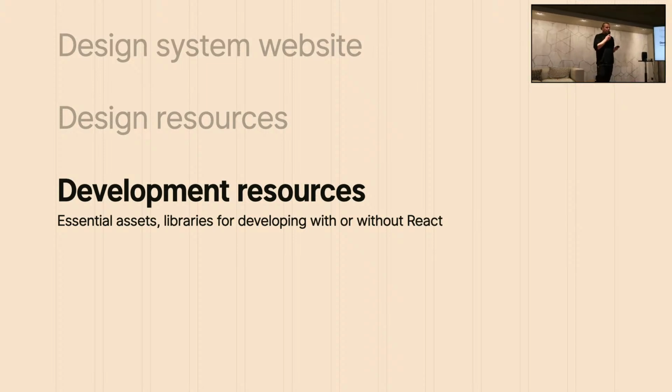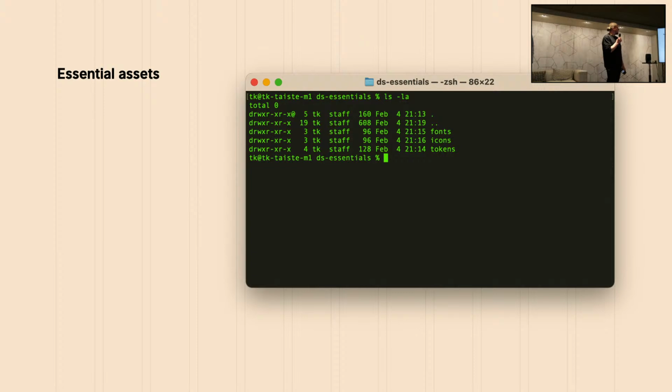Then for development there is also a set of resources. There are some assets that you can download, and then some software libraries for development. Well, the essentials: you can get the fonts and icons and design tokens in multiple formats to be included in your project if you want to go bare bones.